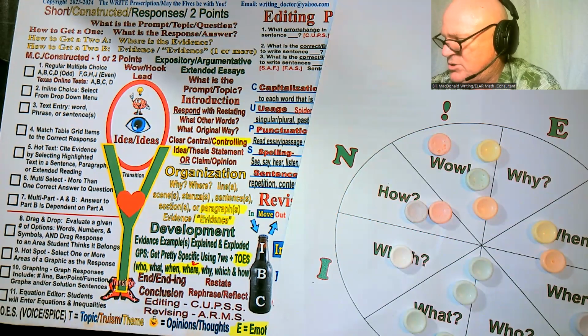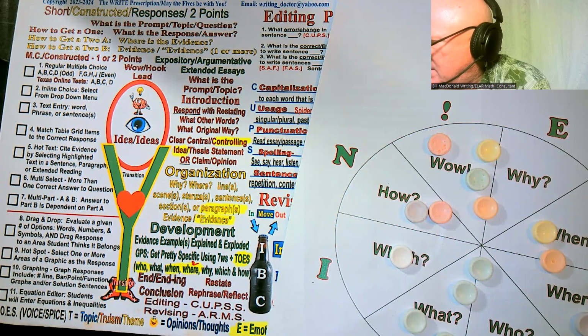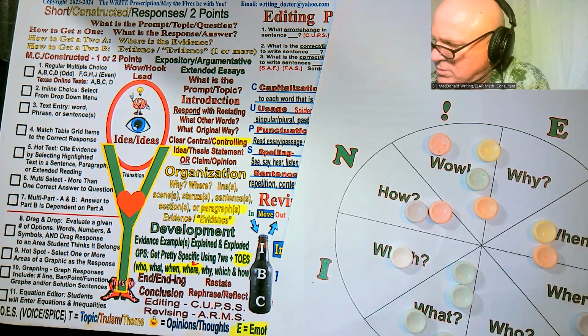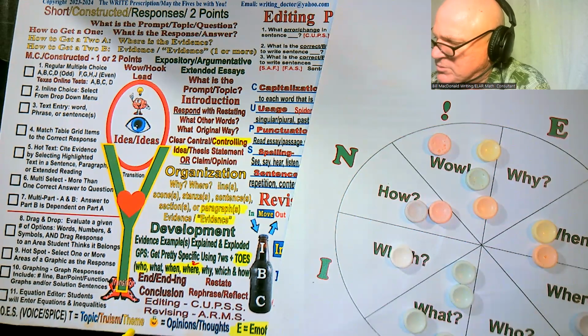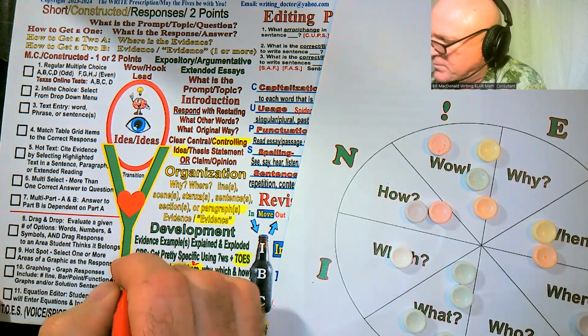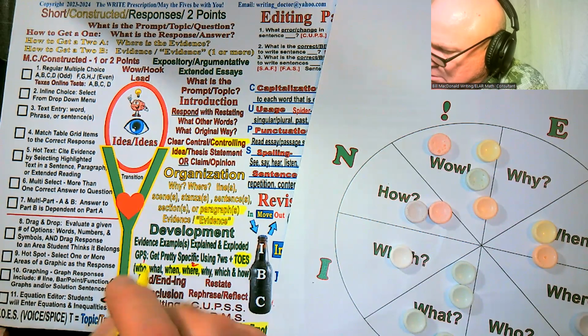All right, so continuing on, we had two wheres, we had a who, there was one of those. We had four whats.